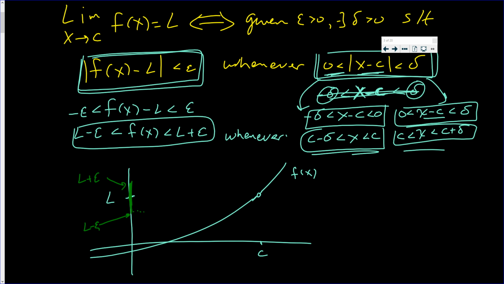And if you were to take f for values in between here, except at c itself, even up to the endpoints, you will end up in between there.